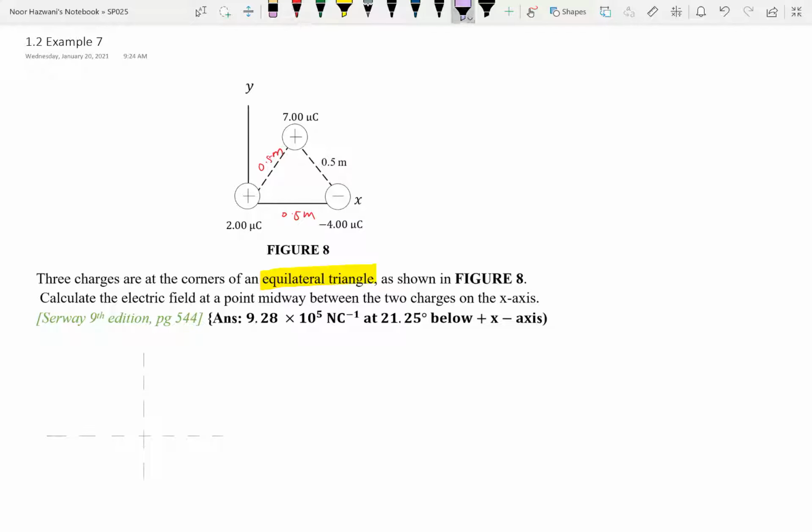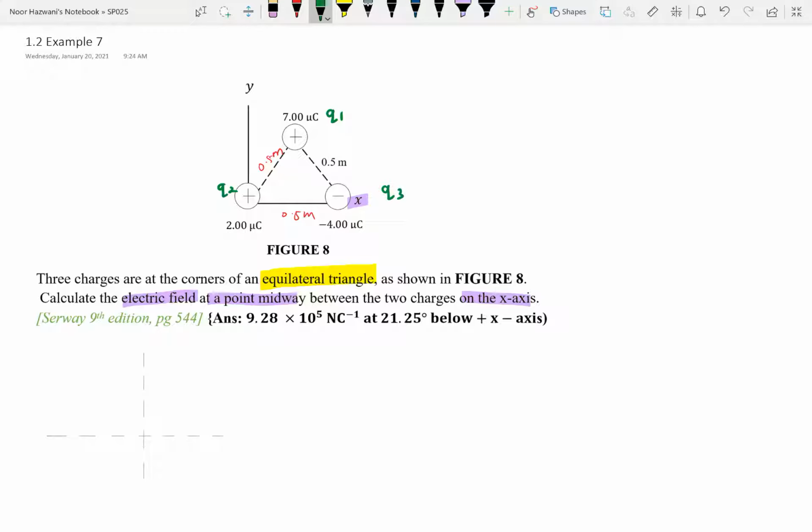Then the question, calculate the electric field at a point midway between the two charges on the x-axis. So, dekat mana tu? Ini adalah x-axis kita. Dia nak kita cari electric field pada titik tengah di antara dua charge itu. Saya label lah senang, ini Q1, ini Q2, ini adalah Q3.